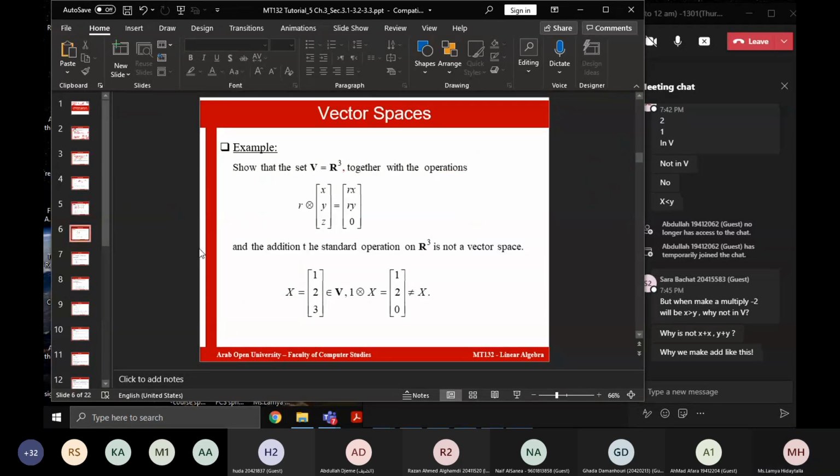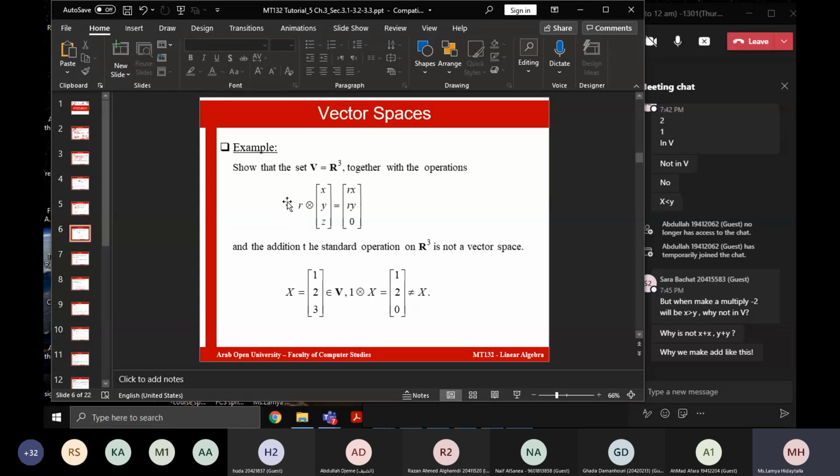Okay. Here, show that the set V of vectors, meaning R3, together with the operations he defined. This is a vector in R3. How do we multiply? He said to multiply: this is the first element and this is the second element, but the last element, when you multiply, no matter what the last element is, he defined it to be 0.